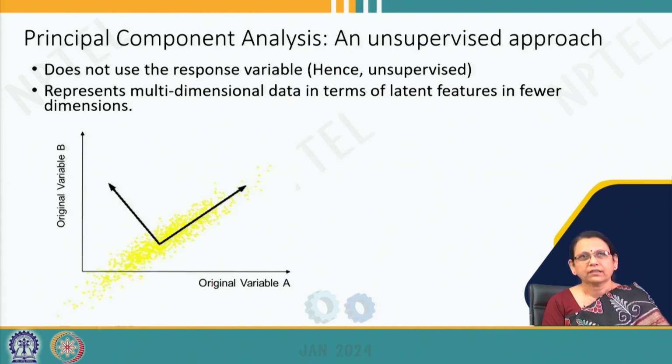The second one under this unsupervised approach, which we have already studied, is principal component analysis. We have studied principal component analysis in some depth in an earlier lecture, but try to remember how it was working.